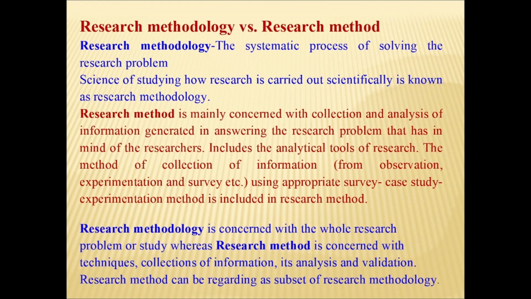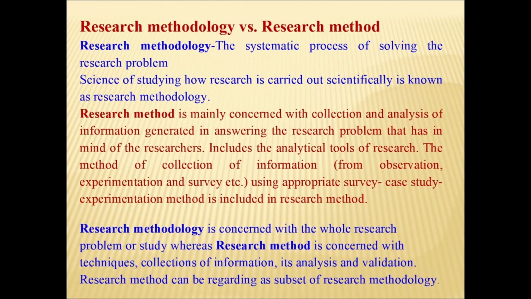Now, in any scientific method there are two parts. One is research methodology, and within that, research methods. Research methodology takes care of the whole research process: its objective, technique, process, statistical proof, analysis, and ultimately the findings we are going to give for the betterment of humanity. It is the totality of the research conducted.